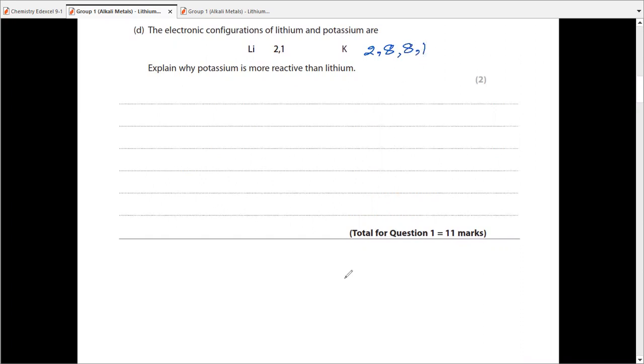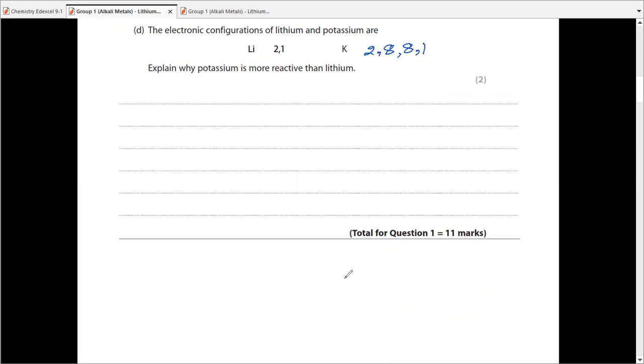Okay, let's solve part B. I have already filled in the missing portion, so I hope that works for you. The electronic configuration of lithium and potassium explains why potassium is more reactive. Sir, is it reactivity series?